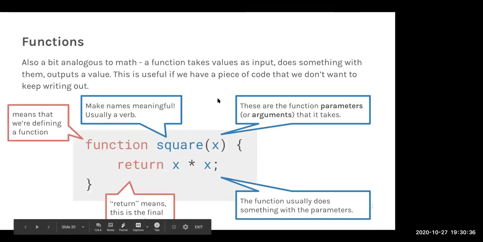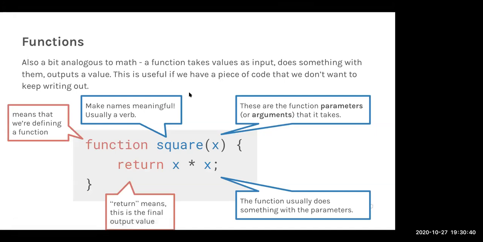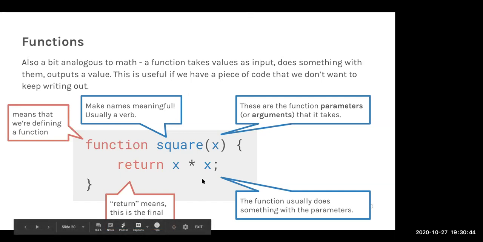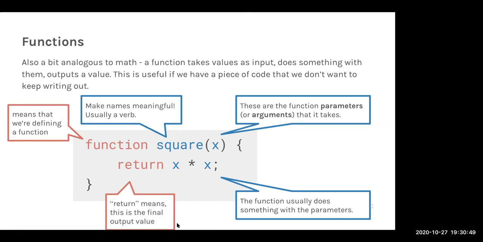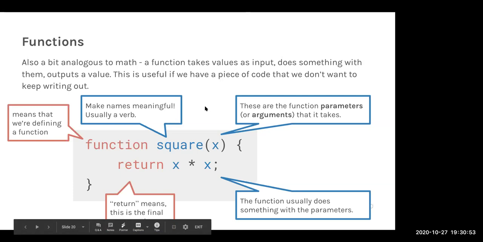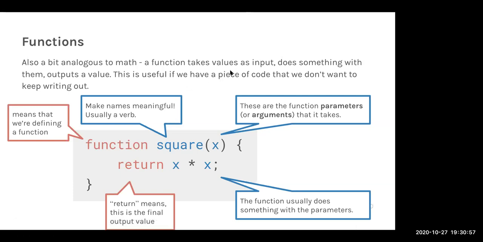All right. So now we're going to dive a little bit into functions, which may seem a little familiar if you have a CS background, but if you don't, this can get a little confusing, so don't worry if you don't get it the first time. This is a bit analogous to math, where a function takes in a value as input, does something inside, and then outputs a value.